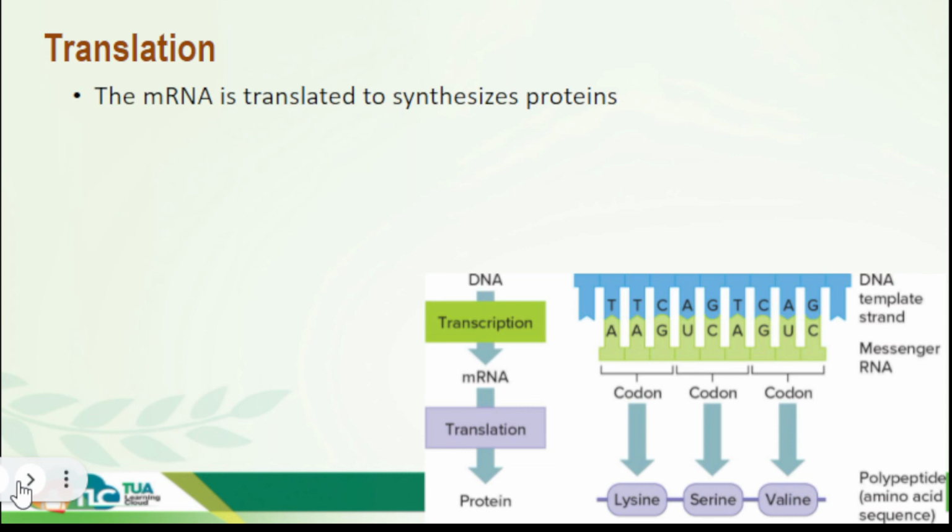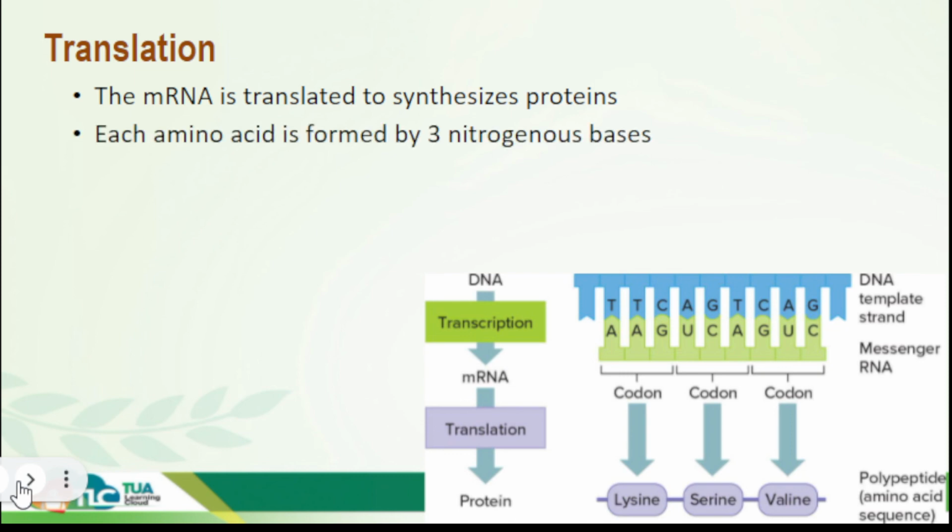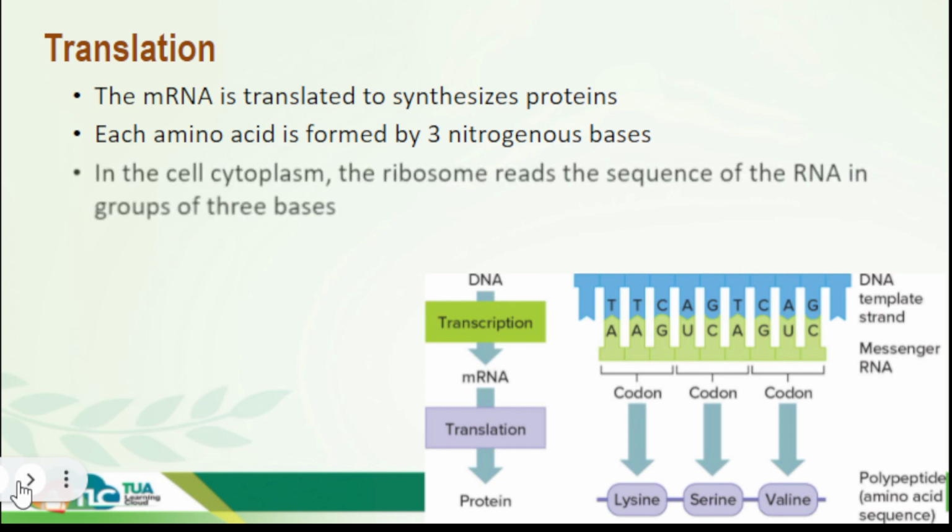So, in translation, the messenger RNA will be translated into proteins. Okay, so what happens? We have to first understand that each amino acid is formed by 3 nitrogenous bases. Later, I'll show you a slide showing that.